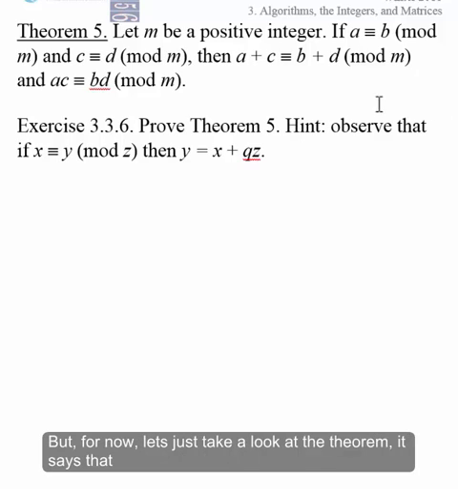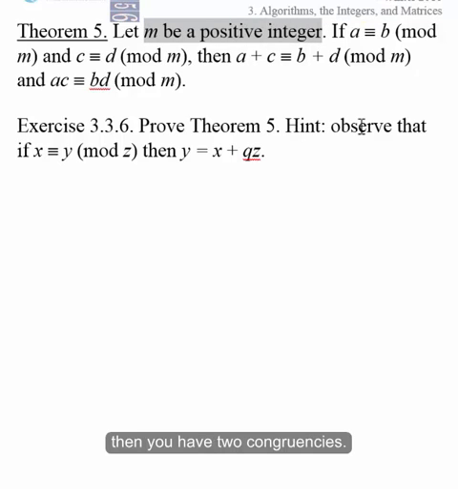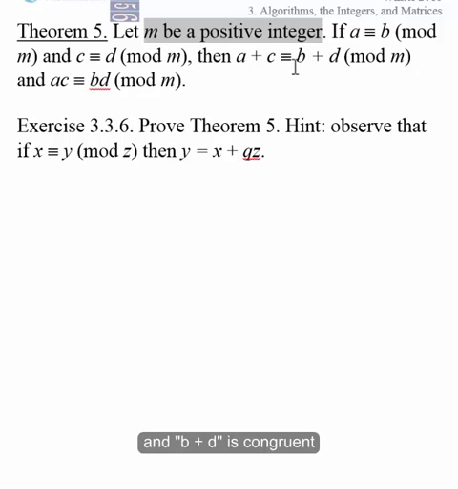But for now, let's just take a look at the theorem. It says, again, that m is a positive integer. So don't forget that m has to be a positive integer. Then you have 2 congruencies: a is congruent to b, c is congruent to d. Then the addition of a and c, and b and d, are congruent modulo m. Also, the multiplication applies as well.